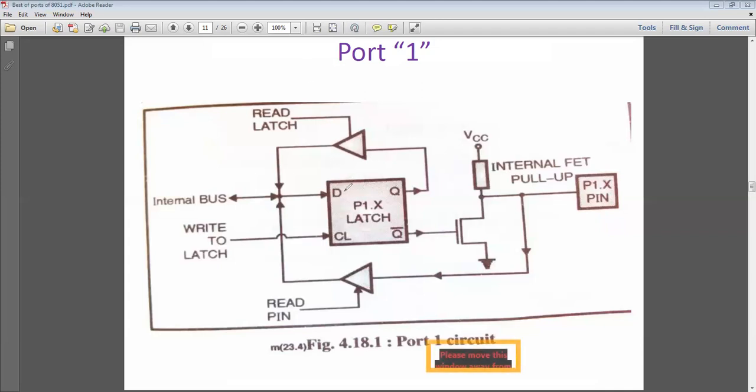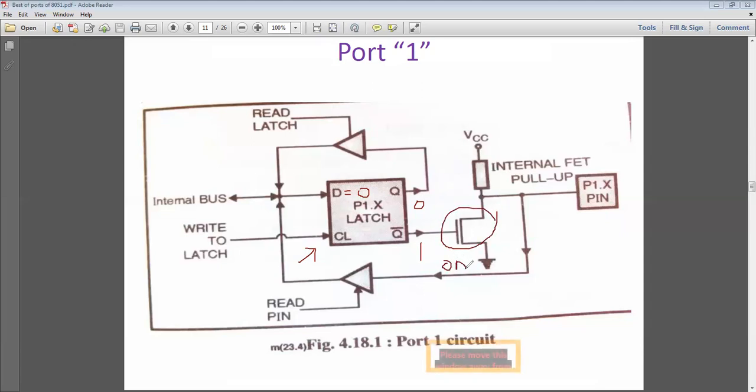In the next situation, we will see how port 1 is acting as an output port. For that, the initial prerequisite arrangement is D should be equal to 0. The moment D becomes 0, at the occurrence of the clock pulse, Q is also going to become 0 after one clock period, and Q bar will be equal to 1. Now this FET is going to turn on.